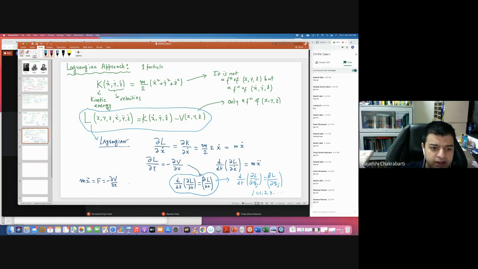So this is called the Lagrangian equation of motion. So using the Lagrangian, you can also express Newton's equation of motion. Is this clear? Not very difficult.